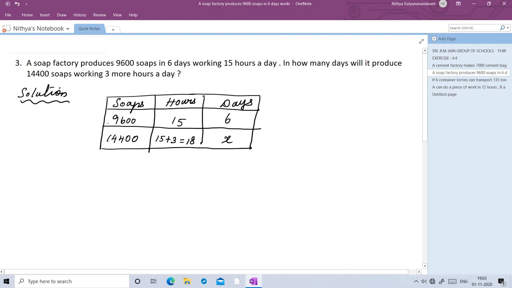So 9,600, 14,400, then 15, 18. To produce more soaps, more days are required. So it's a direct proportion.